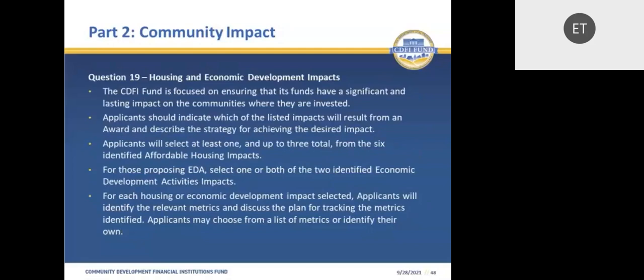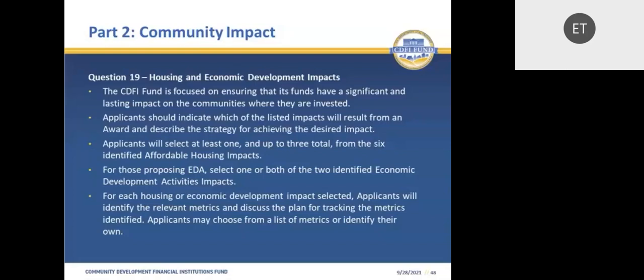So in question 19, we are talking about community impacts. The CDFI Fund is focused on ensuring that our funds have a significant and a lasting impact on the communities where they are invested. So we ask applicants to indicate which of the listed impacts will result from an award and then talk about the strategy for achieving that impact. You need to select at least one and up to 3 of the 6 identified affordable housing impacts.